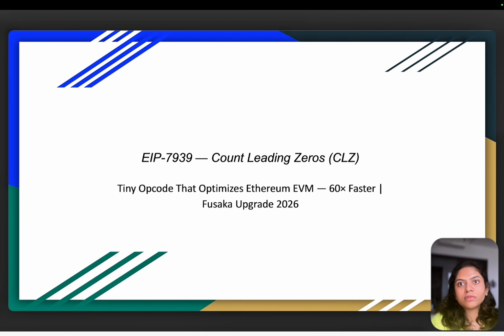If you are confused, let's understand with an example. Take 0x8, which starts with 8 and then all 0s. CLZ returns 0. Why? Because there are no leading zeros; the starting digit is 8, not 0. So if the number starts with a non-zero digit, it shows 0 leading zeros.